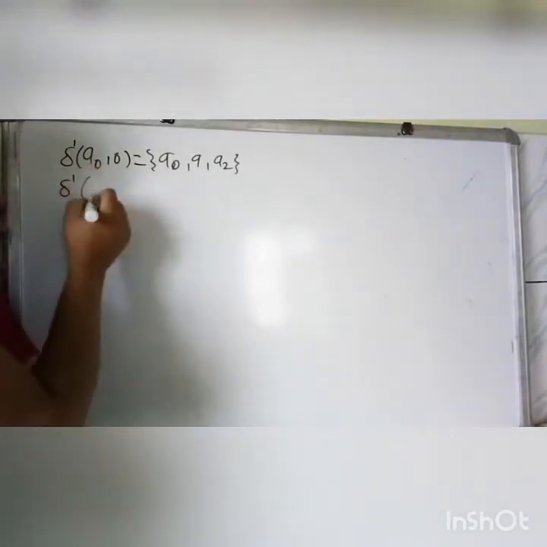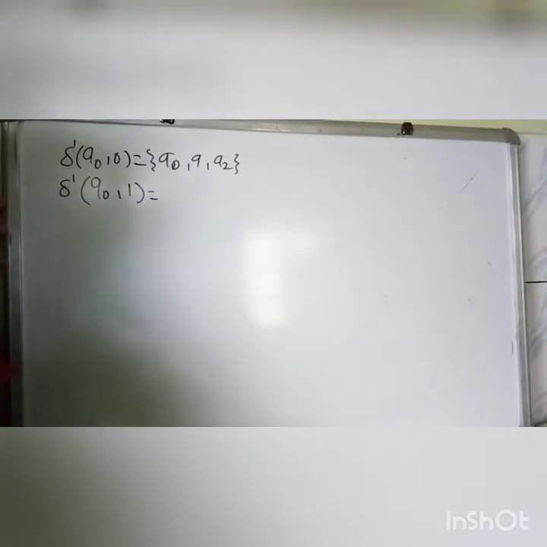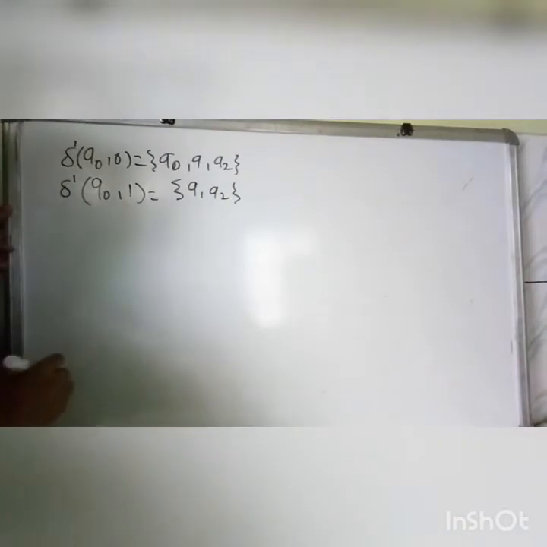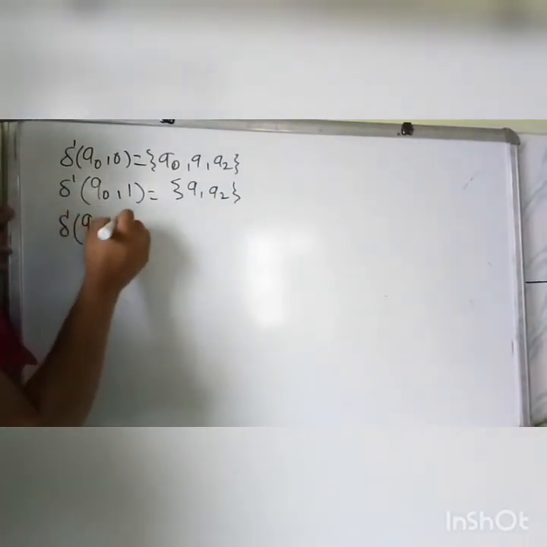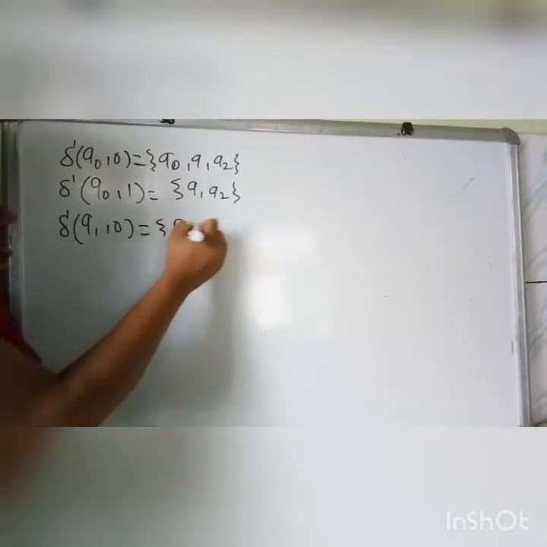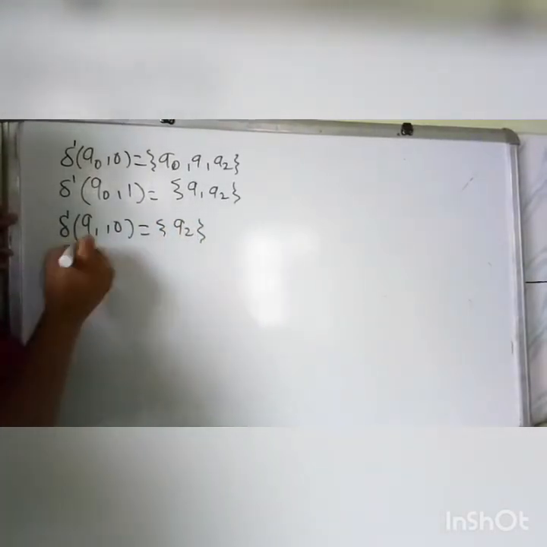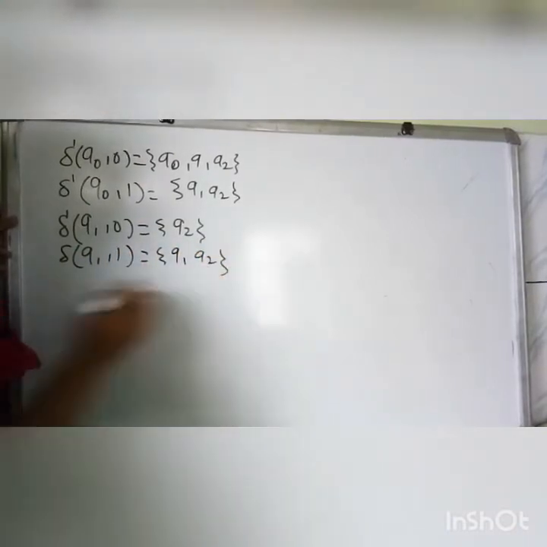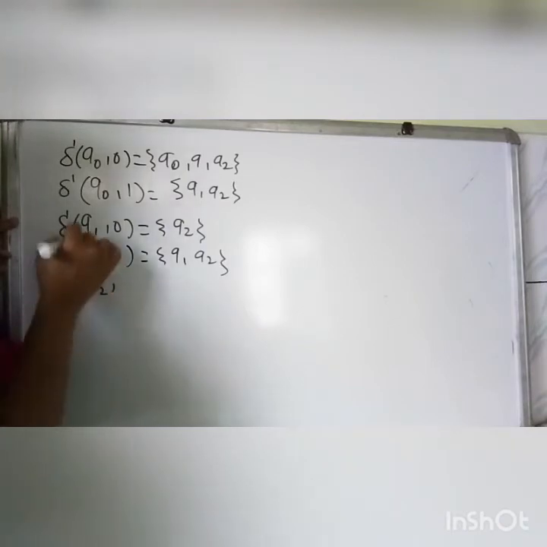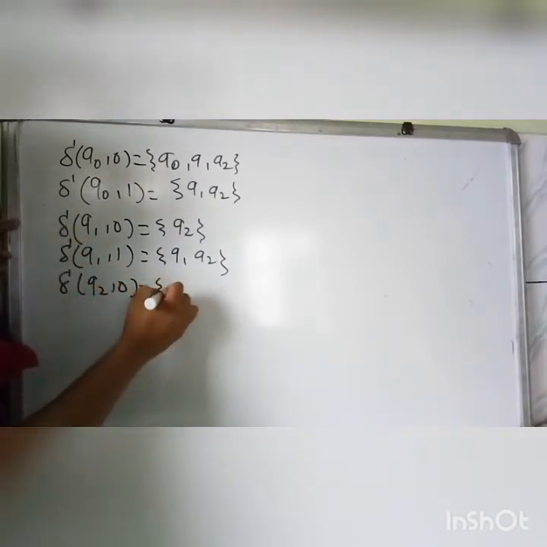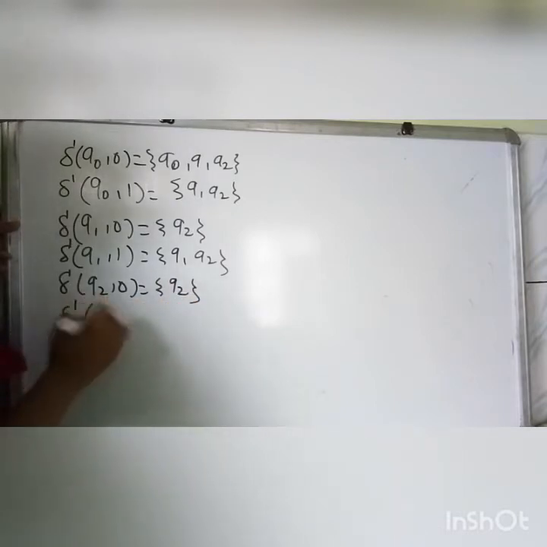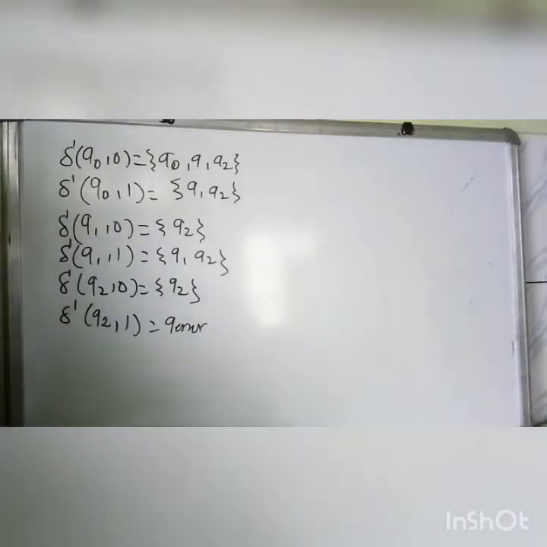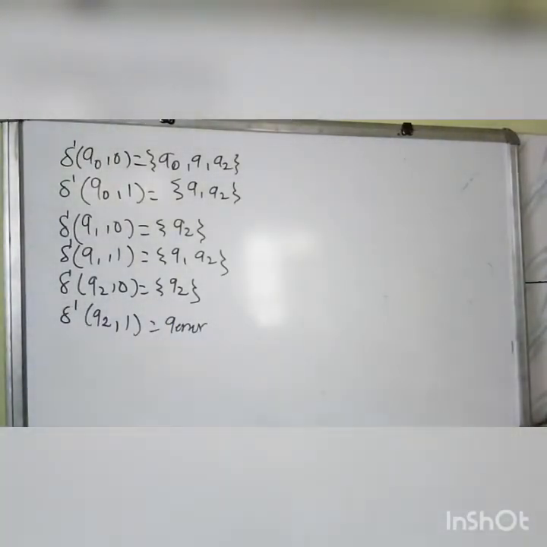We get Q0 on 1 as the states Q1, Q2. Then delta dash of Q1 on 0 is what? We come to the output Q2. Then again calculating for Q1 on 1, we get Q1, Q2 as output states. Then delta dash of Q2 on 0 is Q2, and delta dash of Q2 on 1 becomes the Q error.